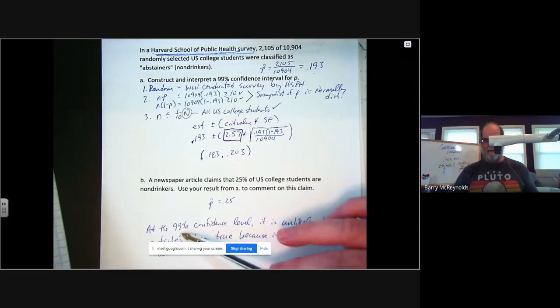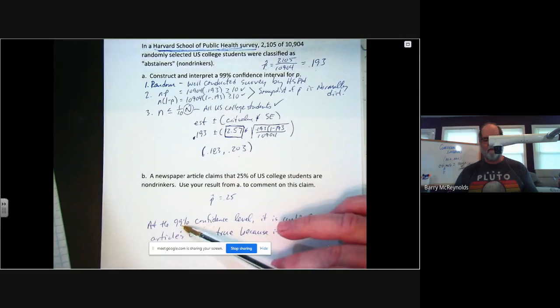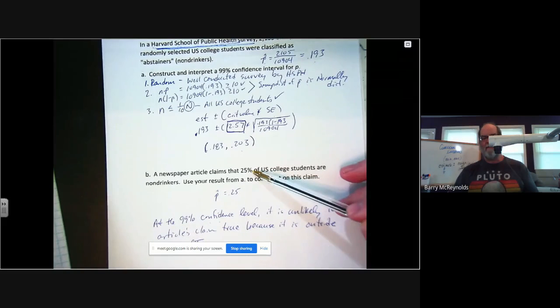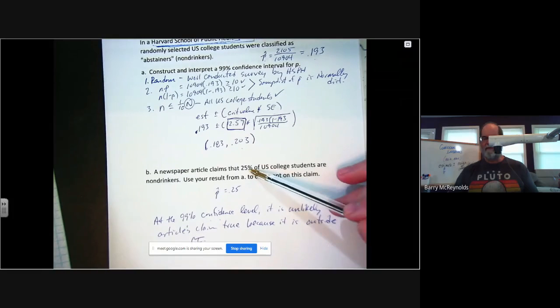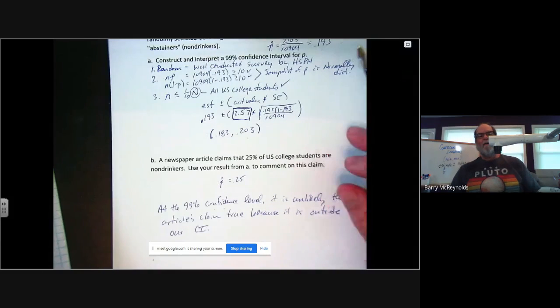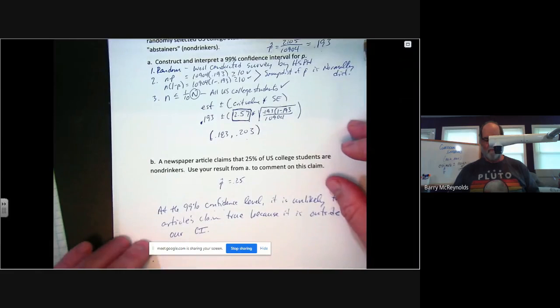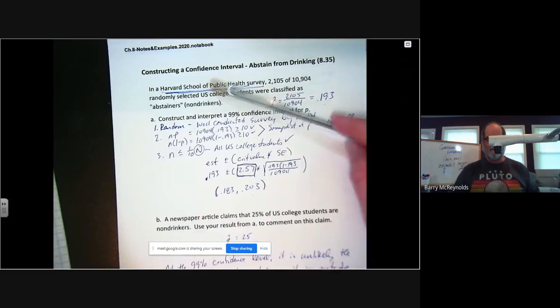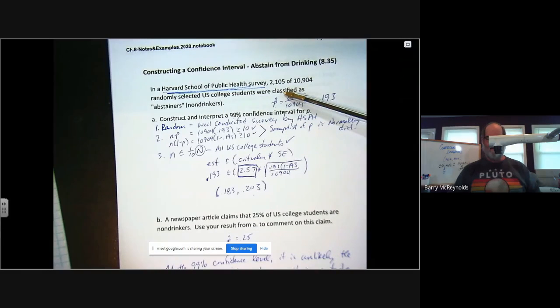But at the 99% confidence level, which is a pretty high degree of confidence, this leads us to conclude that this value doesn't make sense based on the sample we did here. Okay, so that's how we can construct a confidence interval from a sample of data.